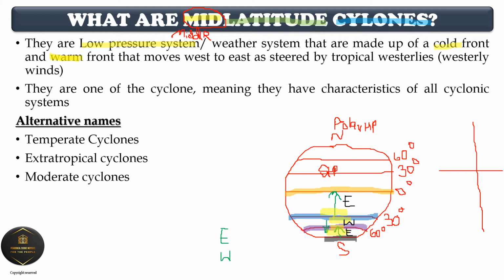Now, because that is the case, that is basically showing us that the system, because remember we said it's a mid-latitude cyclone, which means it forms in the middle latitudes being 30 and 60 degrees, this system then will be influenced by the dominating winds in that belt. And what are those dominating winds? They are basically your tropical westerlies, or you can say your subtropical westerlies.